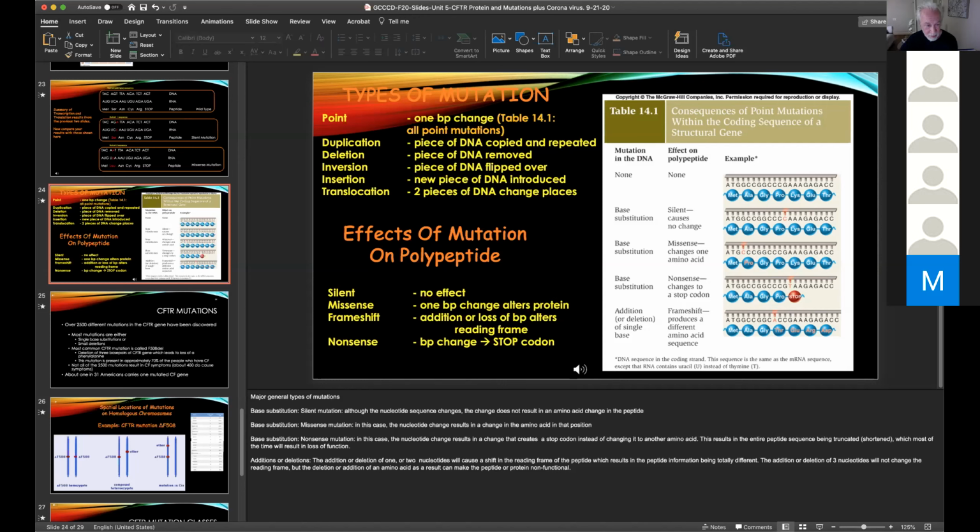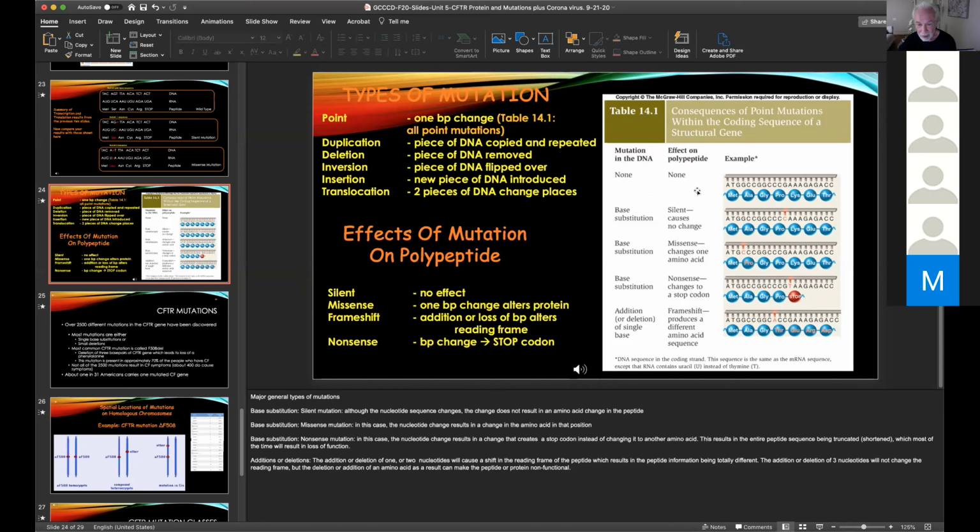The effects of mutation on the polypeptide: a silent mutation has no effect. We've just talked about a missense mutation, where one base pair change alters the protein. A frame shift is the addition or loss of base pairs so that the reading frame is changed. And a nonsense mutation, remember this, a nonsense mutation introduces a stop codon. So the peptide terminates prematurely.